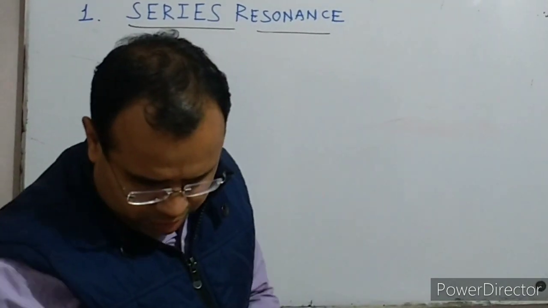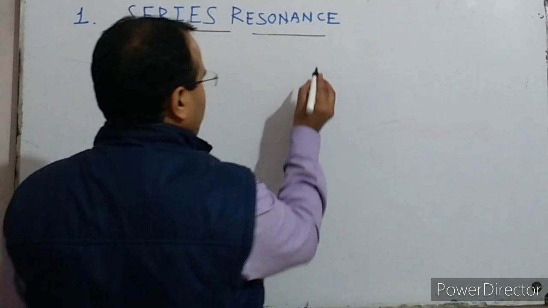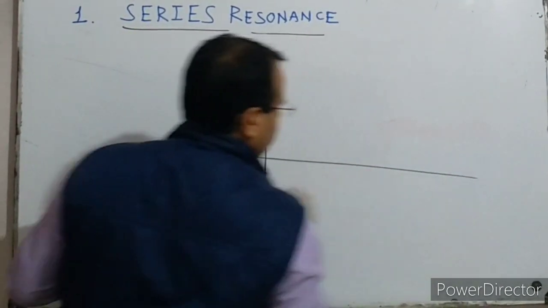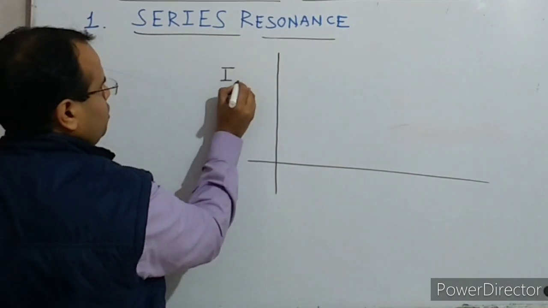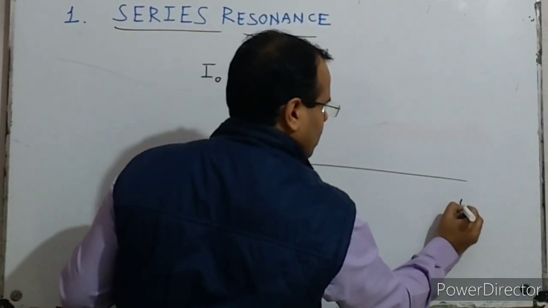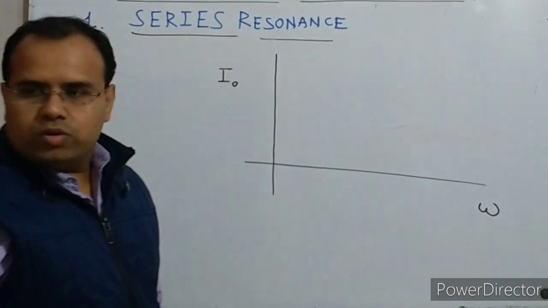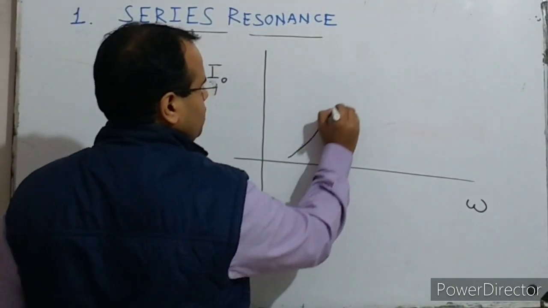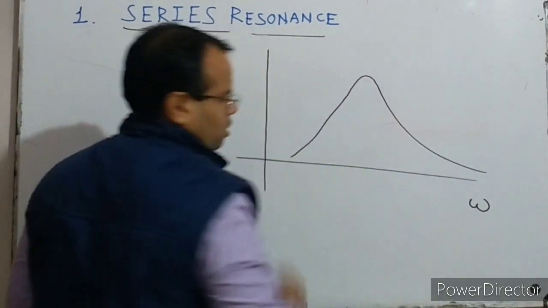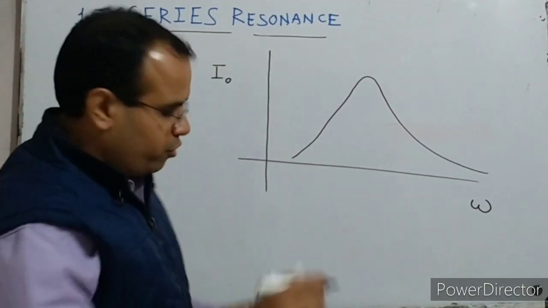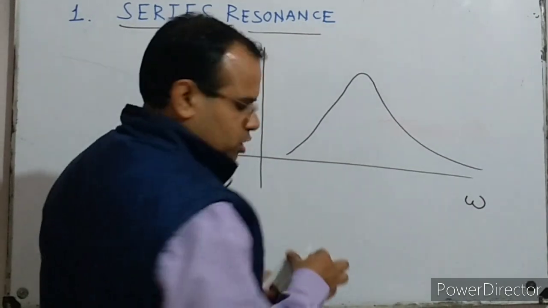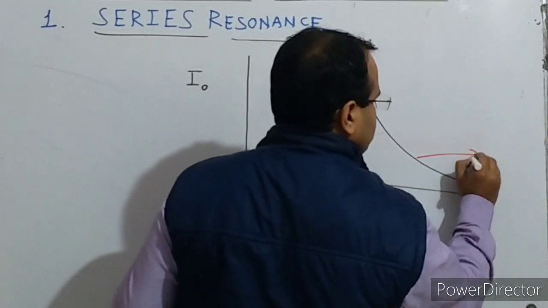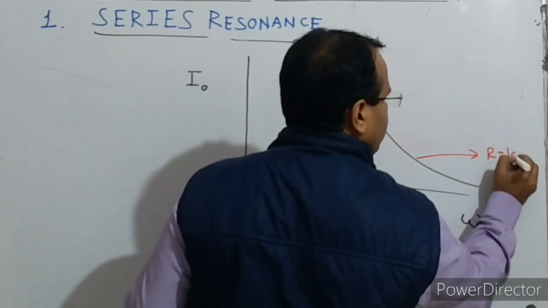We are plotting a graph between the maximum value of the current, that is I naught, and the frequency omega. The graph pattern is actually like this, and we are plotting it for different values of R. First we are plotting for a value of R when the resistance is 100 ohm.